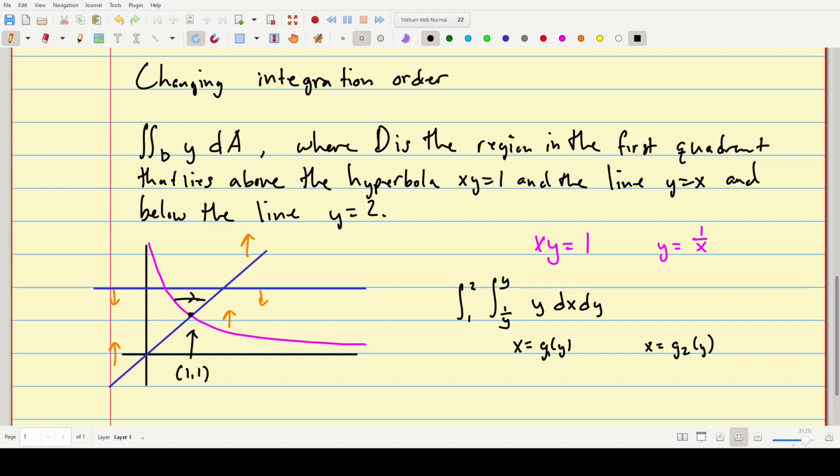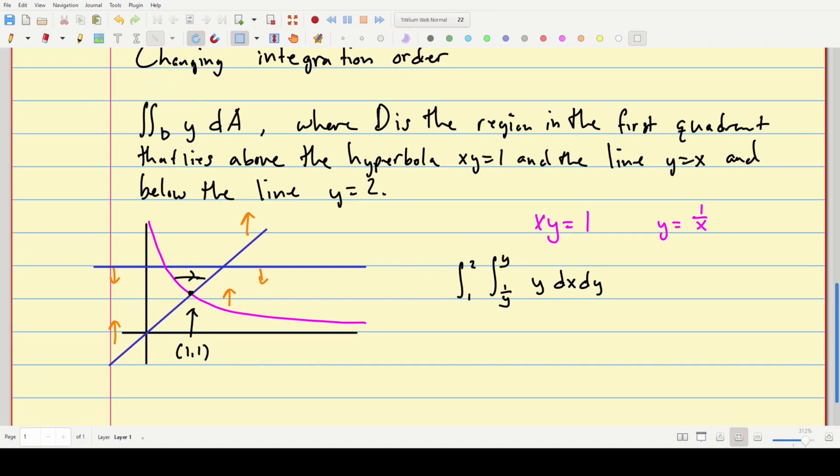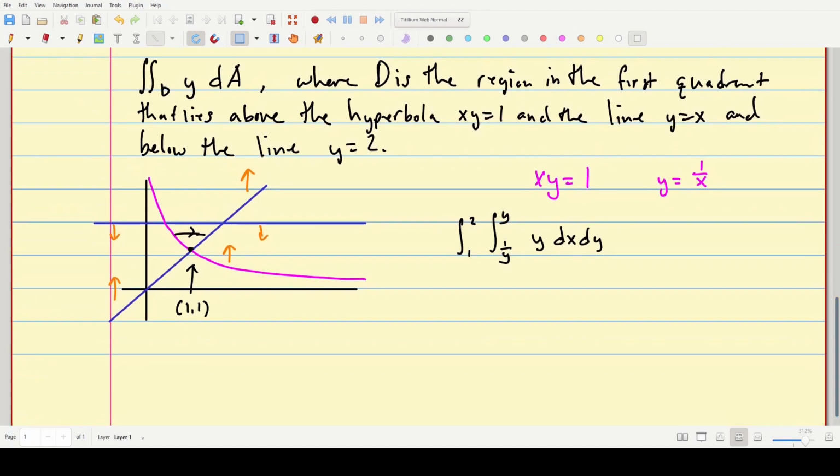And lastly, we need to make sure that our dx dy is in the correct order. Okay. Questions about this? Seems fine. Now we integrate.